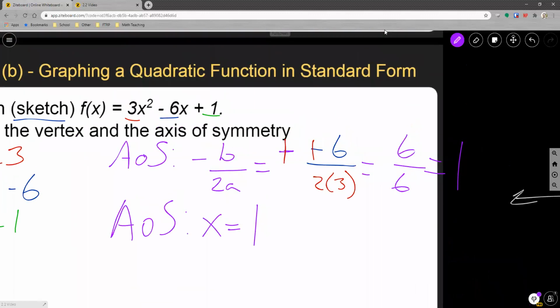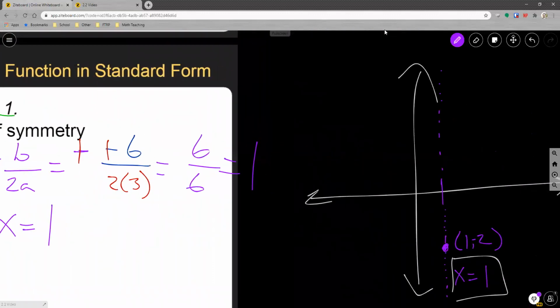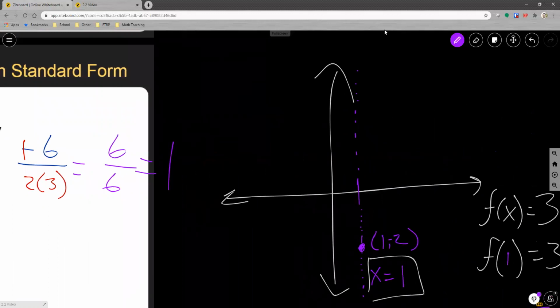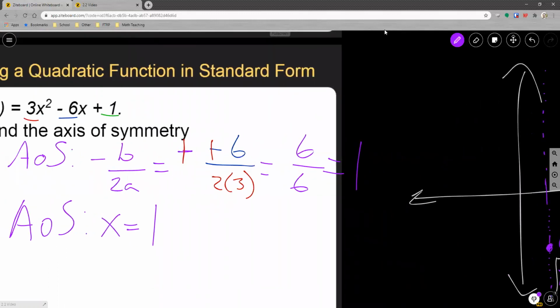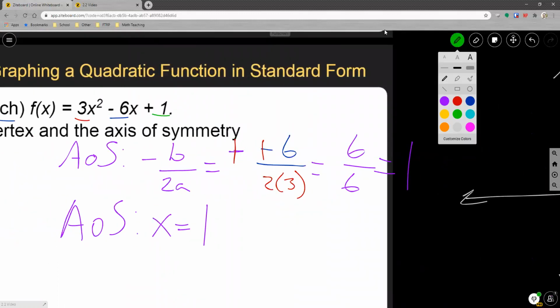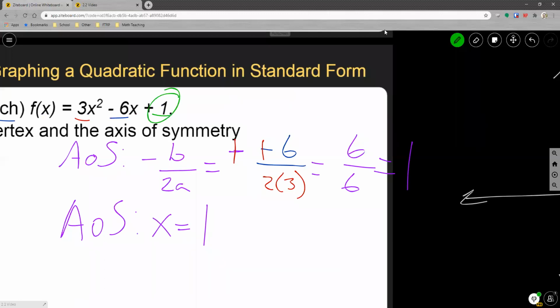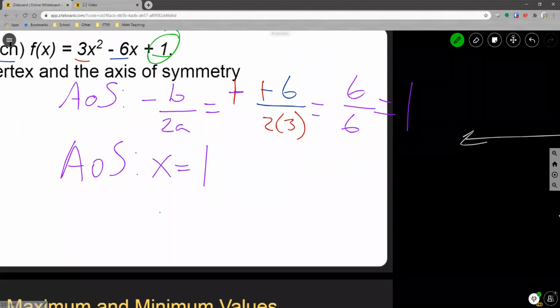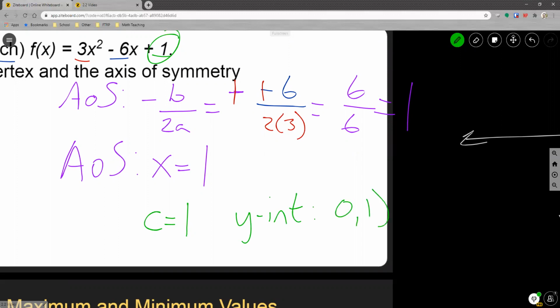So I could still try to graph using an XY table, but remember I've got another value in here. I've got this C value of +1. If my C value is equal to 1, that means that my y-intercept is right at the value 0, comma 1.